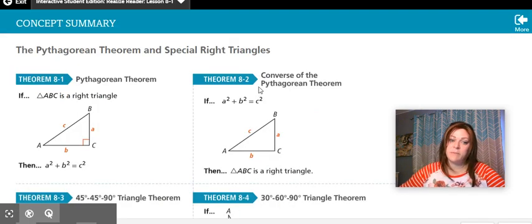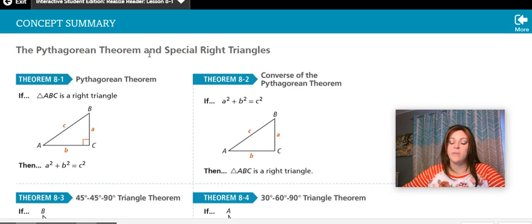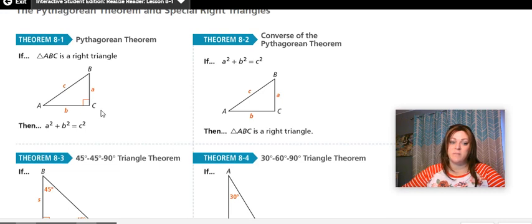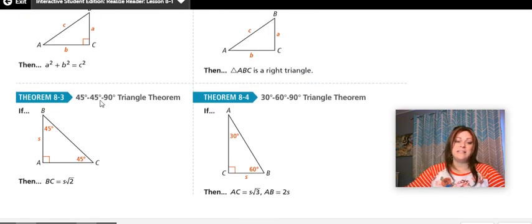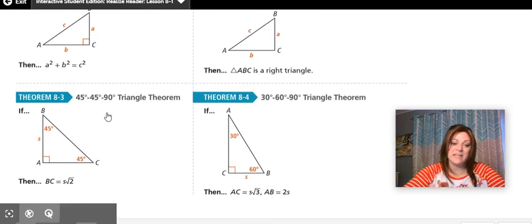And here's the concept summary. It says Pythagorean theorem and special right triangles. At the beginning of the lesson, we talked about Pythagorean theorem. If it's a right triangle, then the Pythagorean theorem works. The converse of that is if the Pythagorean theorem works, then it has to be a right triangle. And again, these special right triangles, keep in mind, I do it a little bit different, but same concept.